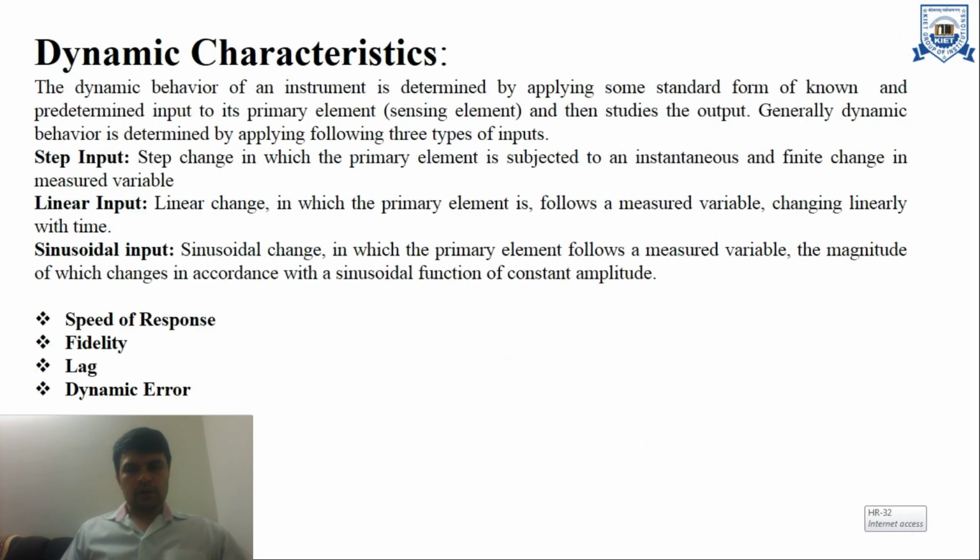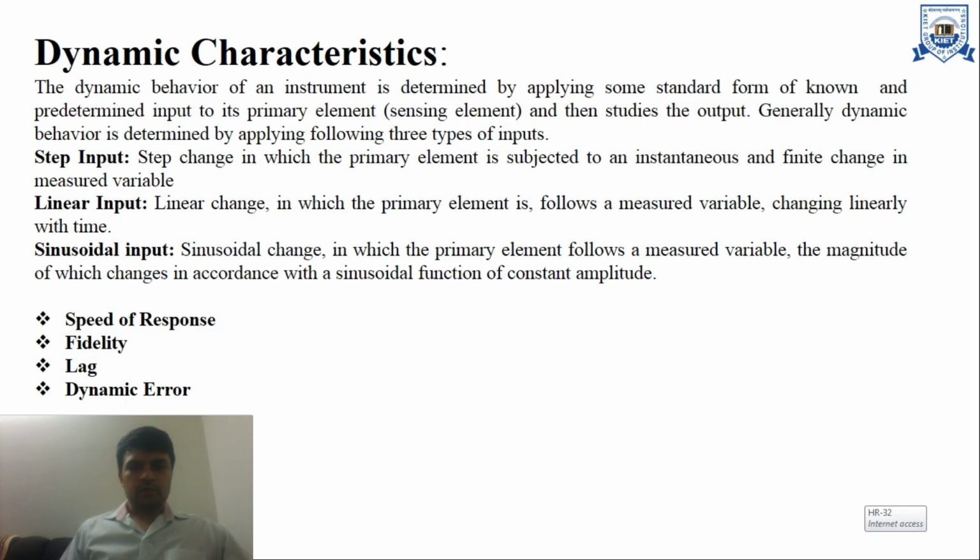Then we have dynamic characteristics. The dynamic behavior of an instrument is determined by applying some standard form of known and predetermined inputs to its primary element or sensing element, then studying its output.